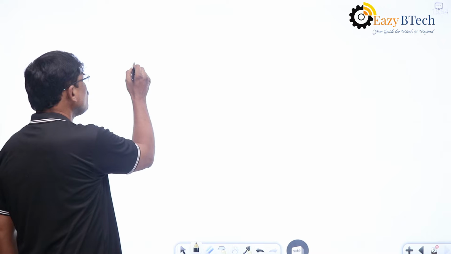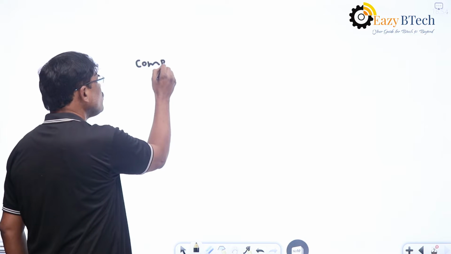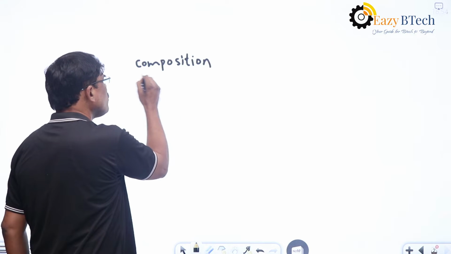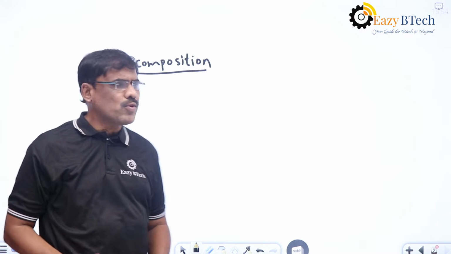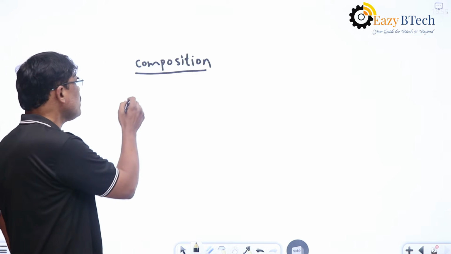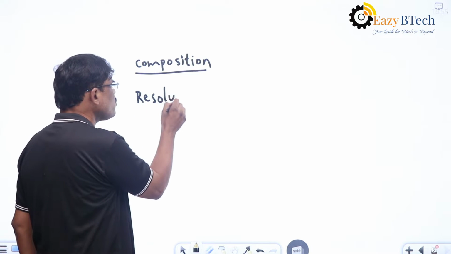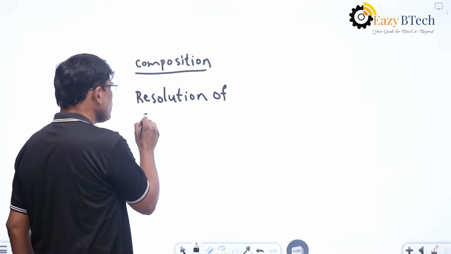Finding the resultant of a force system is known as composition. Composition of a force system means finding the resultant of the given forces. Similarly, if a force is divided into its components, it is known as the resolution of a force.